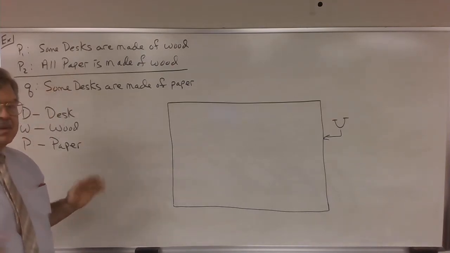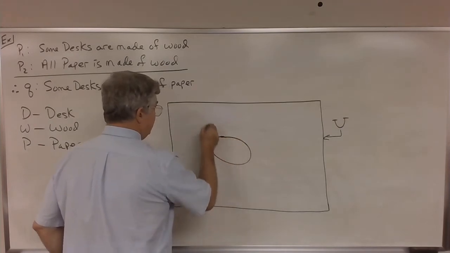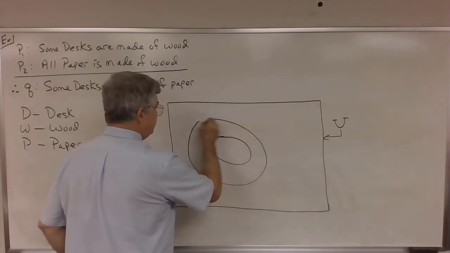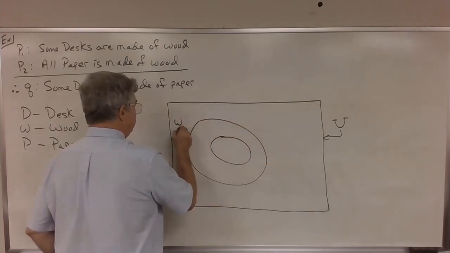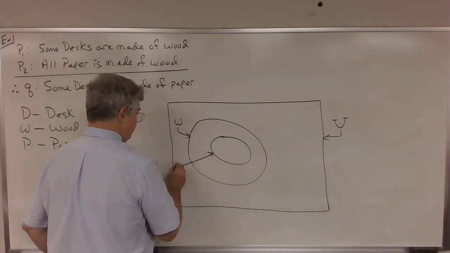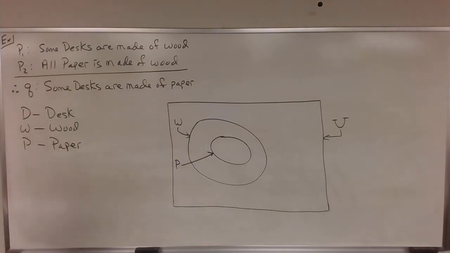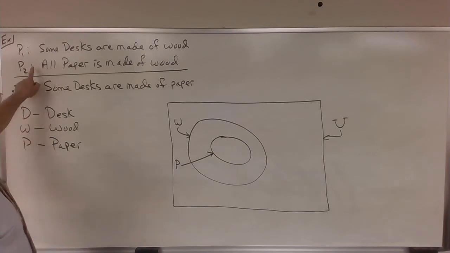There's only one way that we can draw that: the paper circle has to be inside the wood circle. So we have premise 2 satisfied.